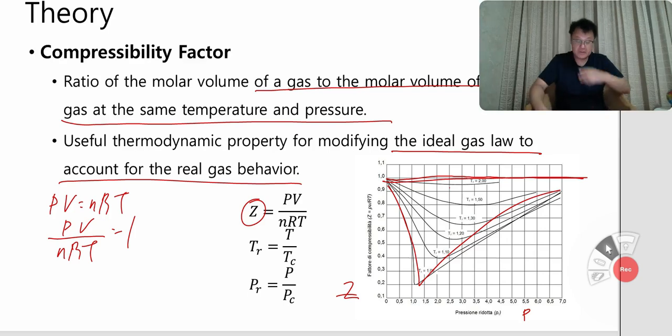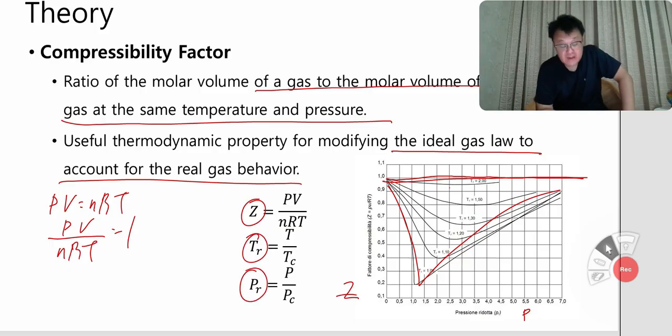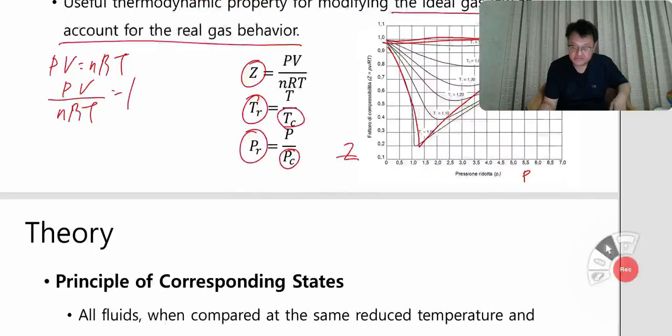Now you have here T_R and P_R, which are given as T over Tc and P over Pc. Here, Tc is the critical temperature, and Pc is the critical pressure. And for each substance, you have a given Tc value and Pc value.